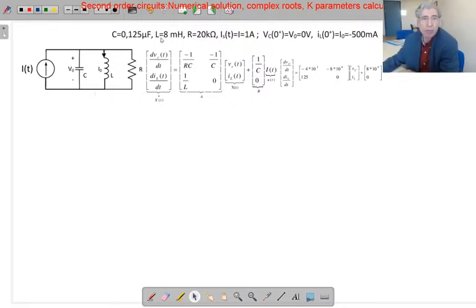So for these new element parameters, my differential equations numerical form is going to be this. If you replace R and C with 20k ohm for R and 0.125 microfarad for C, this term becomes minus 4 times 10 to the power 2.